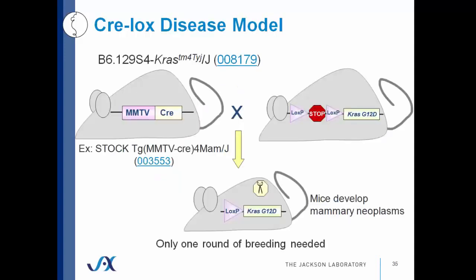So, for example, if one used an MMTV-Cre, which has expression in mammary tissue, crossed to this KRAS G12D lox-stop-lox mouse, then in mammary tissue you'll get expression of that oncogene, and those mice will develop mammary neoplasms. And only one generation of breeding is needed for that.